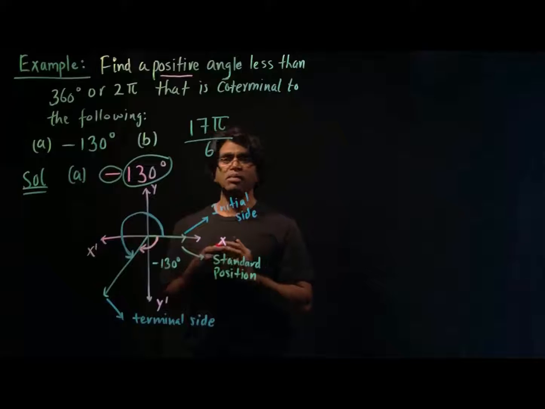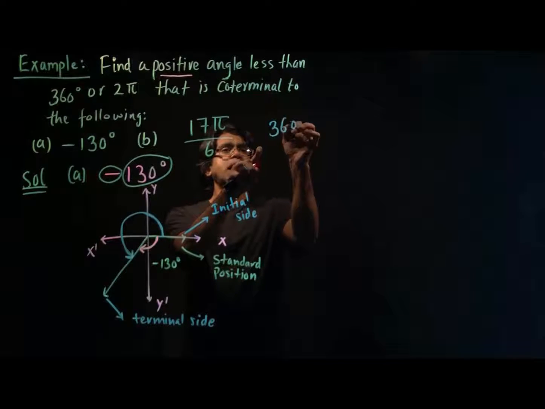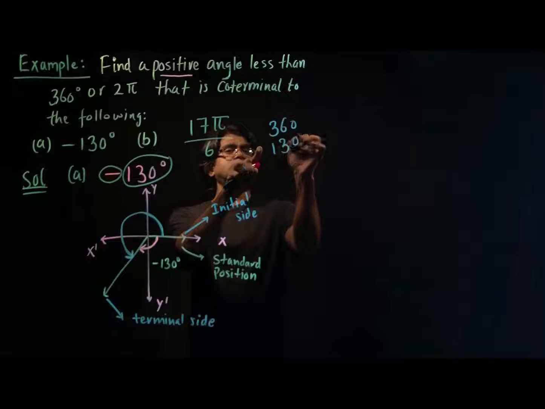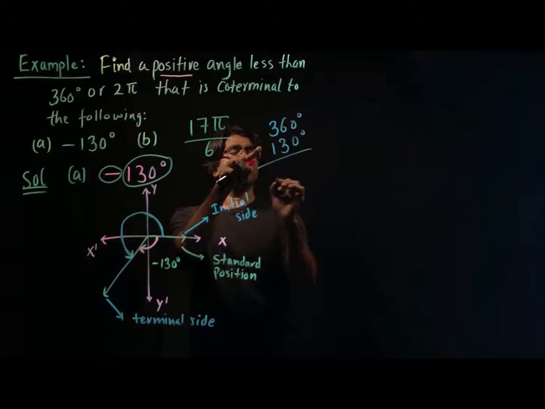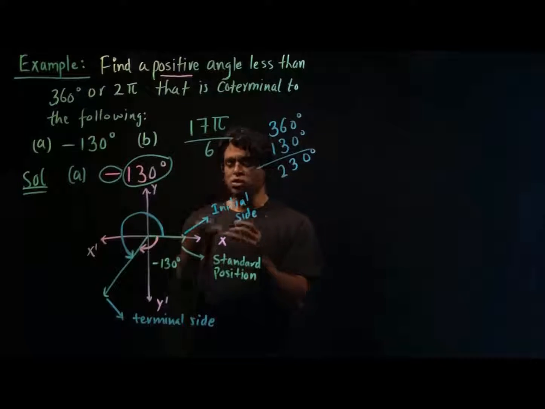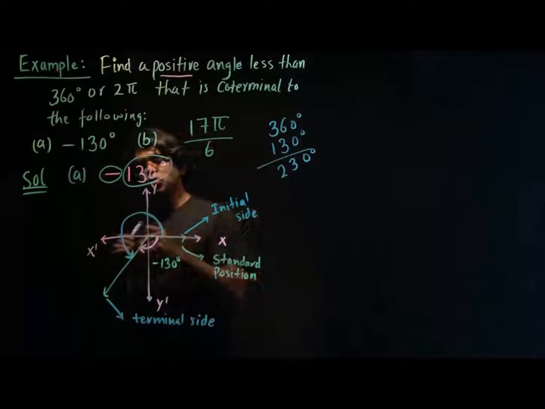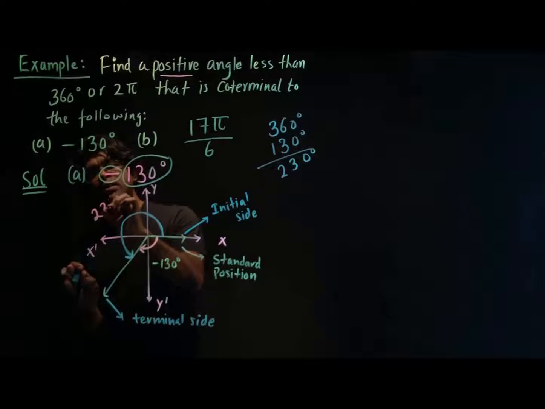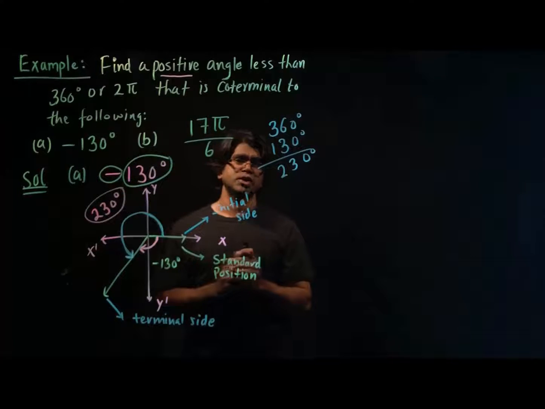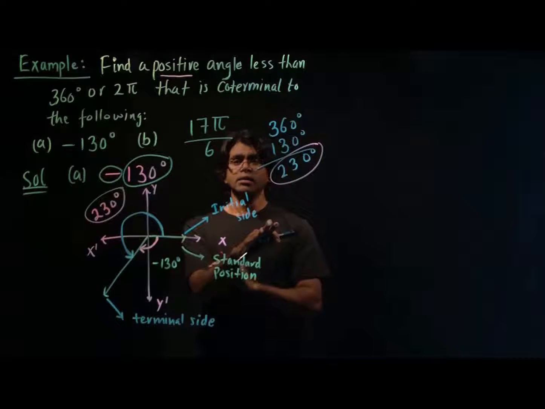What would be the value of that angle? We need to subtract 130 degrees from 360 degrees. If we do that, we will get 230 degrees. In order to get to that point, we need to go 230 degrees in the counterclockwise direction, which will give us a positive angle.